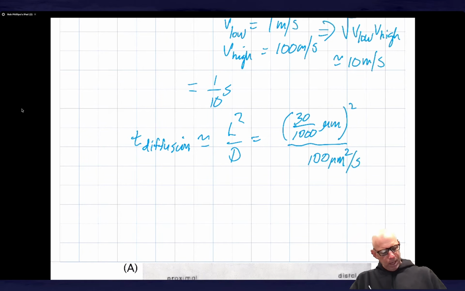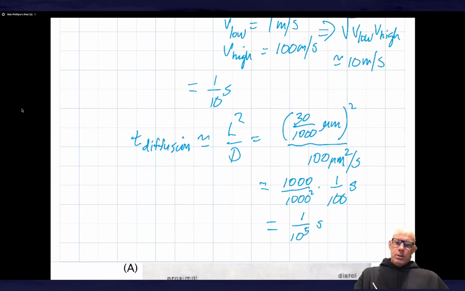So this gives me, if I work this out, 30 squared is about 1,000, divided by 1,000 squared, and 1 over 100, and this is in units of seconds. And so what I find is something like 1 over 10 to the 5th seconds. So 10 microseconds.